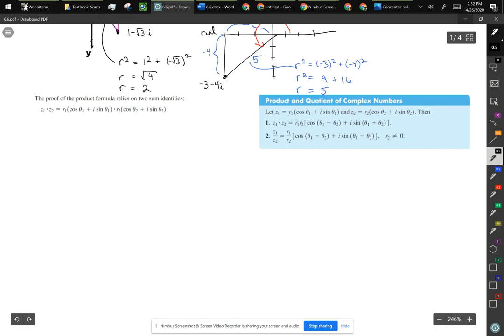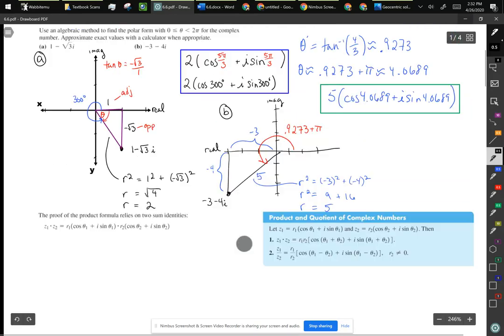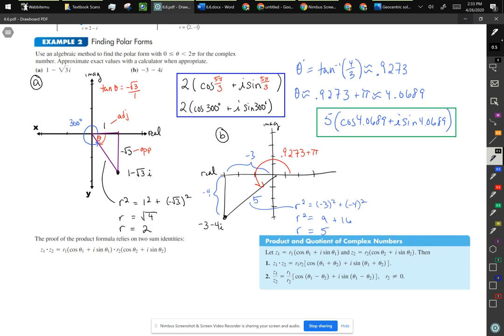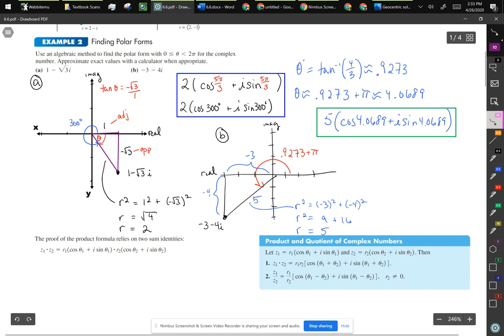Let's prove this thing. So if I were to multiply the two complex numbers in polar form, well, actually, before we do that, imagine if you had to multiply these numbers. This and this, you'd have some distribution, right? 1 times -3, 1 times -4i, -√3i times -3, -√3i times -4i.